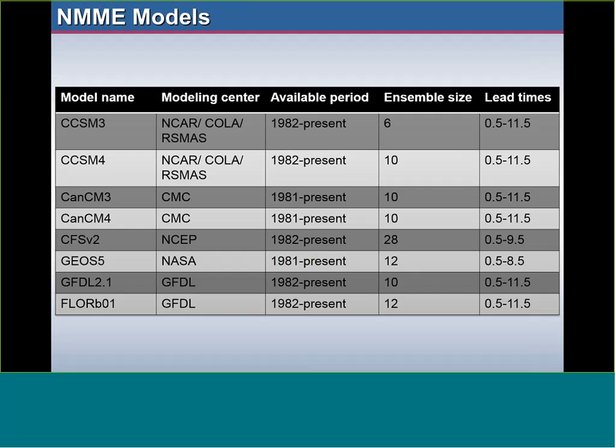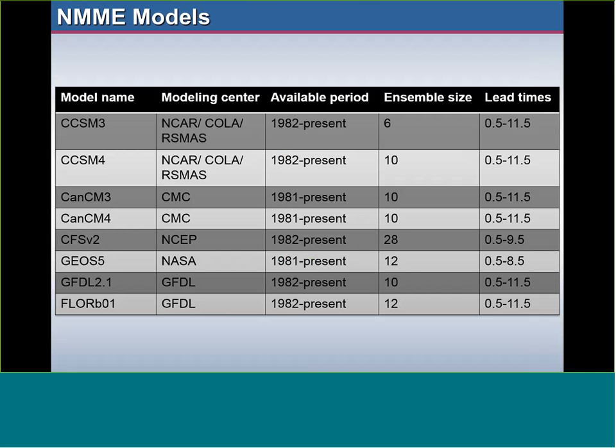As far as data, we have used 8 of the available NMME models. This is the list with some of the main features of these products. When we list the periods or the ensemble size, this is an upper bound. Some of the models had gaps, and not all of the ensemble members had continuous data.